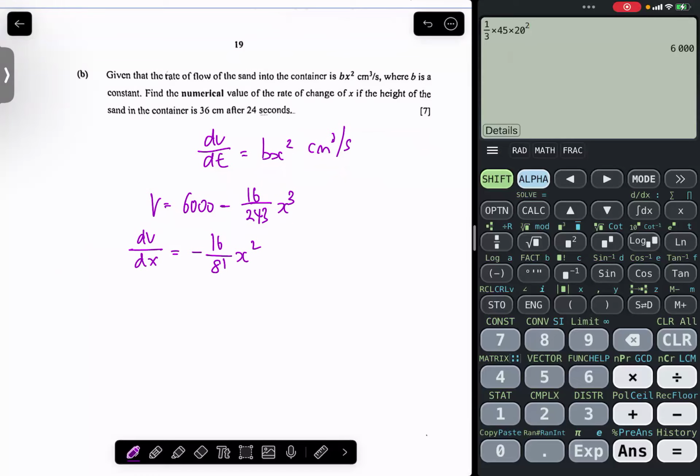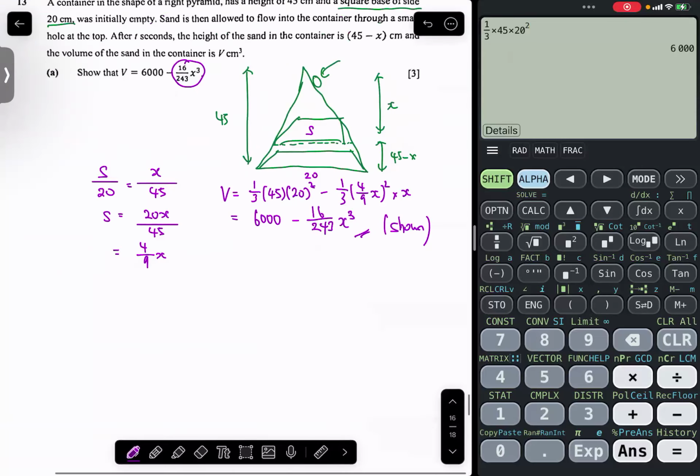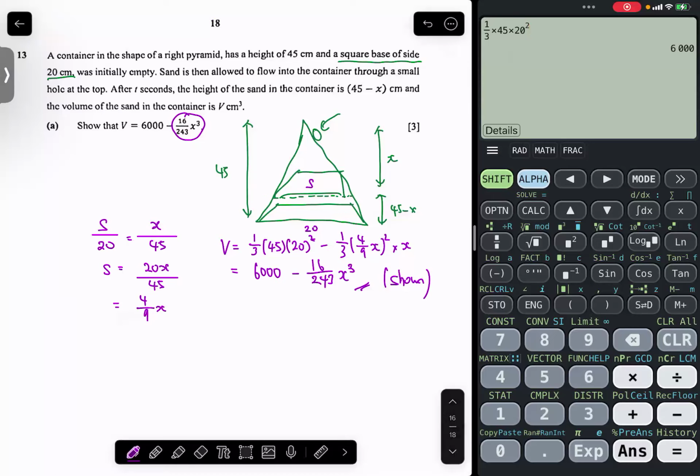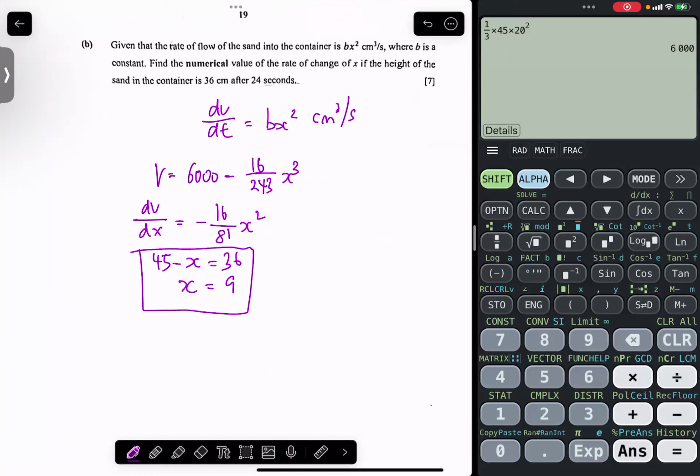If the height of the sand is 36, then 45 minus x equals 36, so x equals 9.